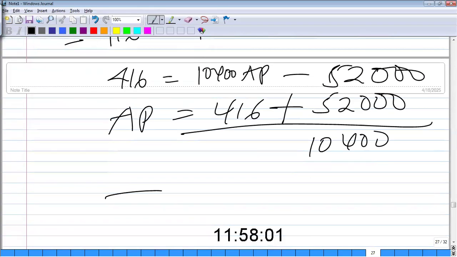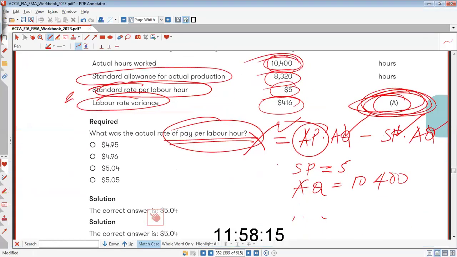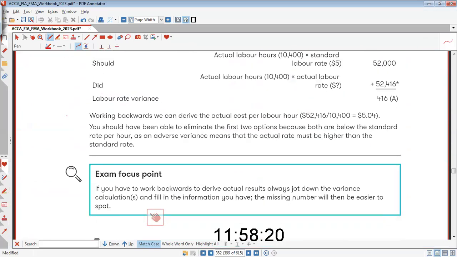What do we get? 5 point, okay, are we together? We have the option 5.04.